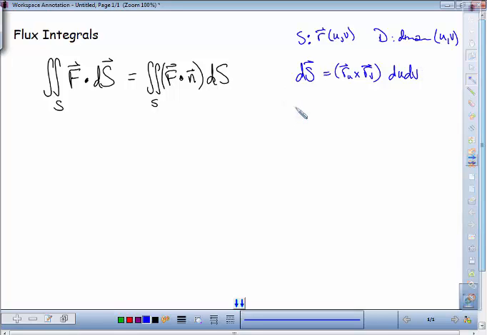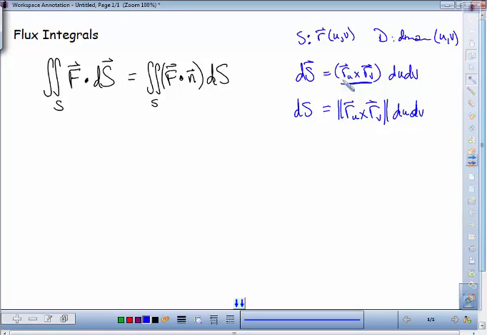And if we want to look at dS without the arrow on top, this is the magnitude of r sub u cross r sub v. So going back to the surface integral formulation, think about what n would equal in this scenario, and you'll make the connection that this is actually a normal vector.